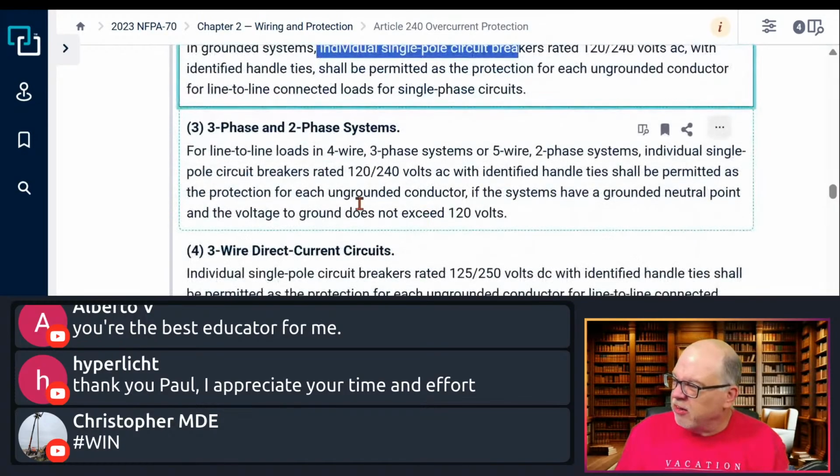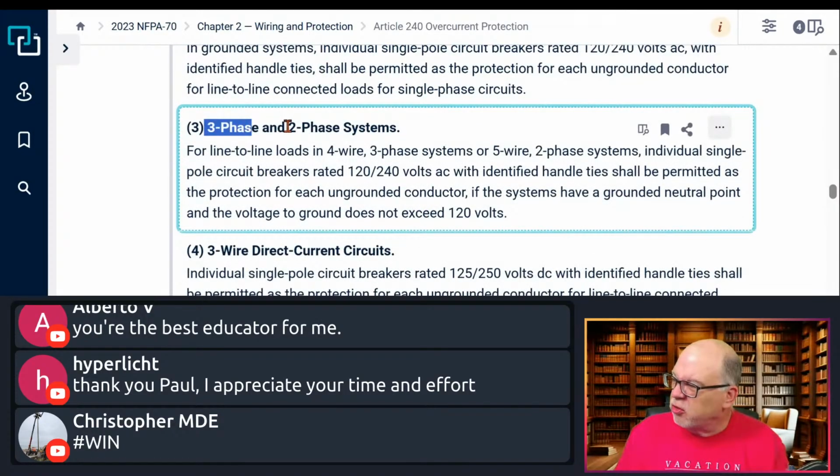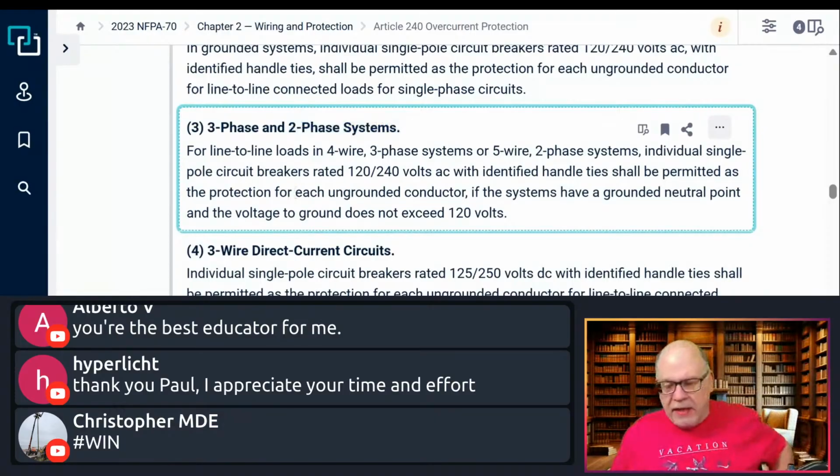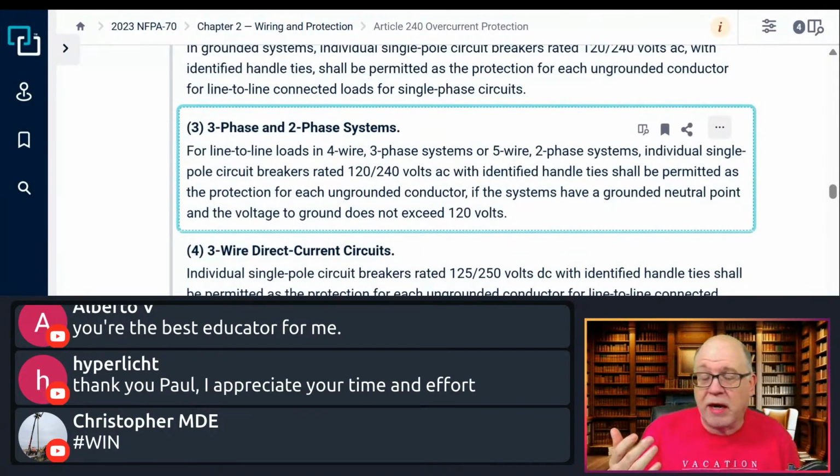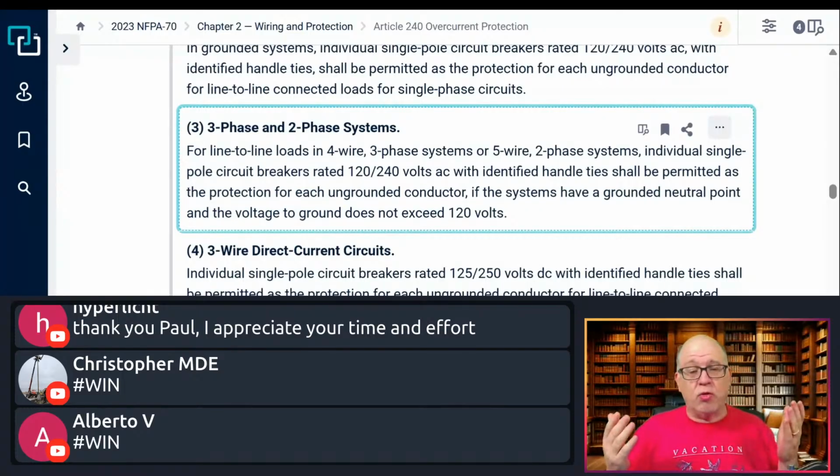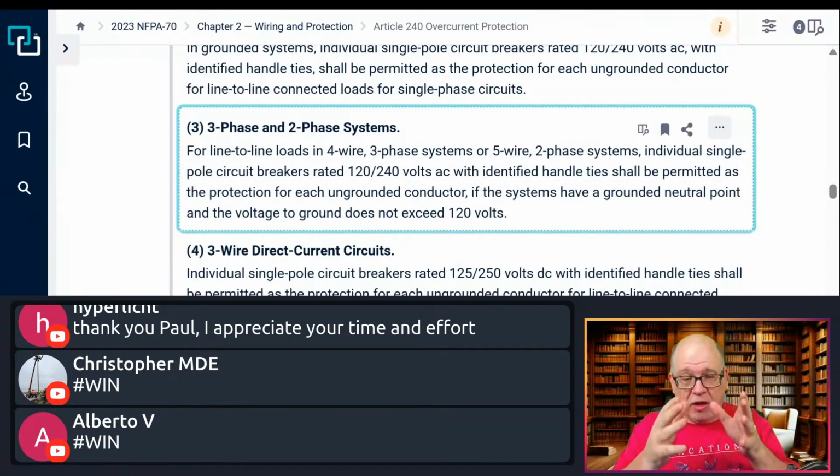And then this one down here is your 3-phase and 2-phase systems. By the way, most of the time in a single-phase application where we have multiwire branch circuits, you're typically just trying to get two 120 volt circuits at a location.